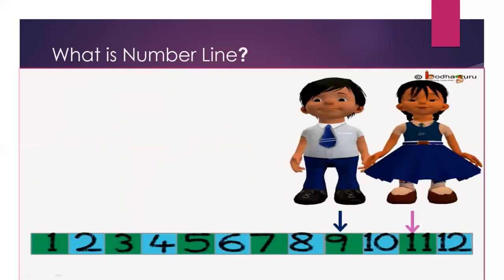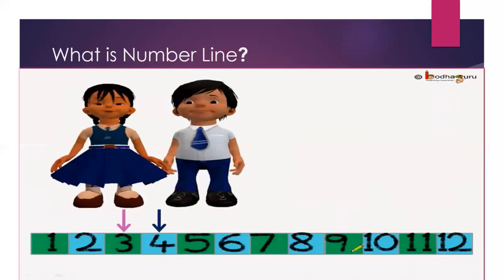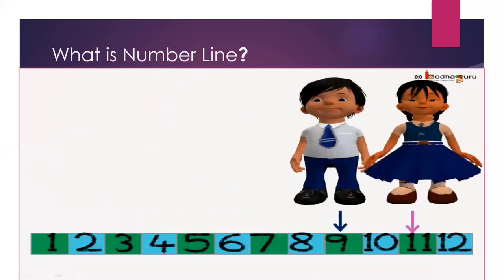What else could they know? The first time Aman was ahead of Khushi by just 1 square. Next time, it was Khushi who was ahead of Aman by 2 squares.